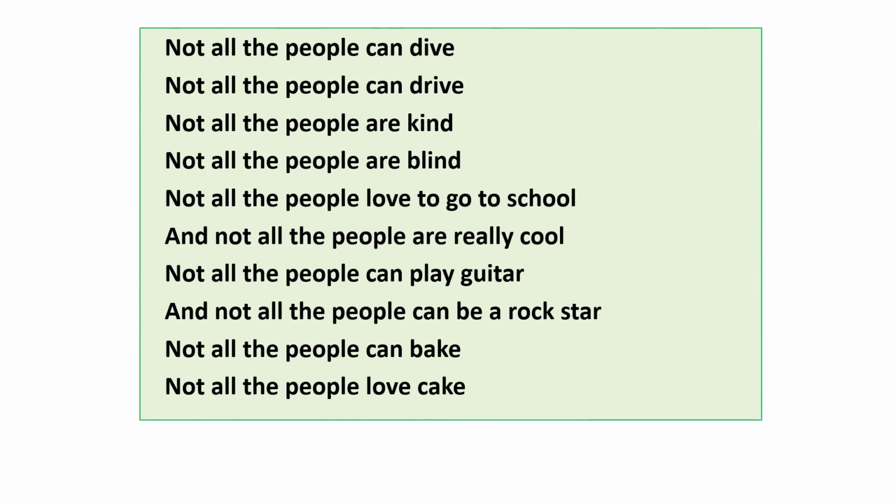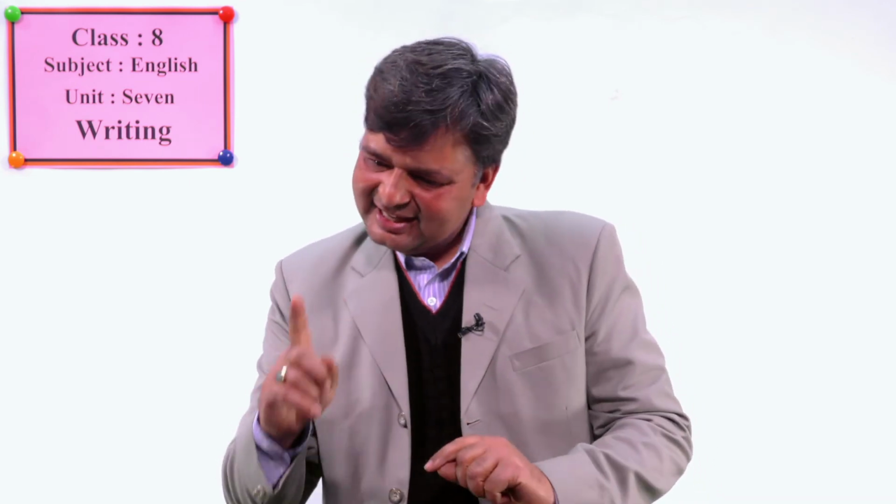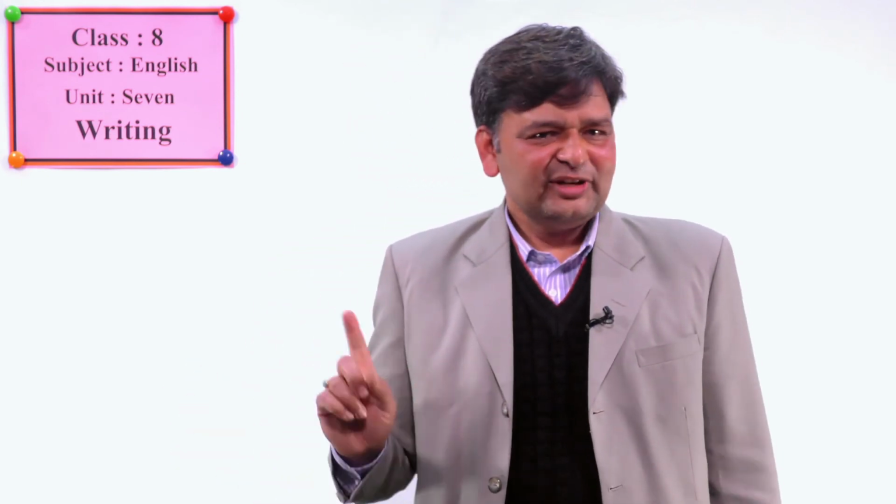Good. So, what do you think the poem is about? People are different. Very good. So, how are they different? Somebody can sing, somebody cannot. Somebody is kind to others, they help, good, and some do not, right?